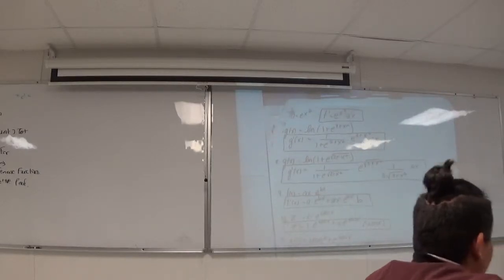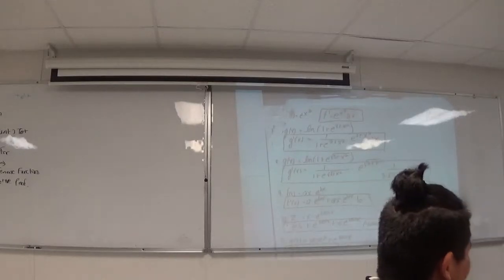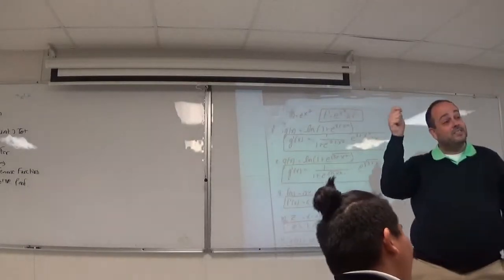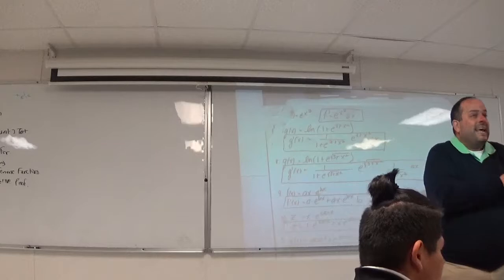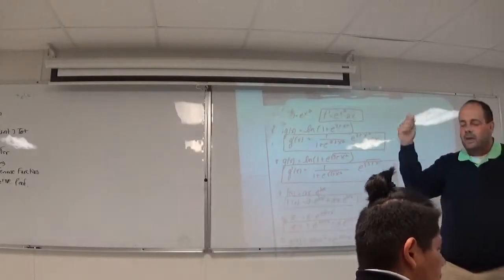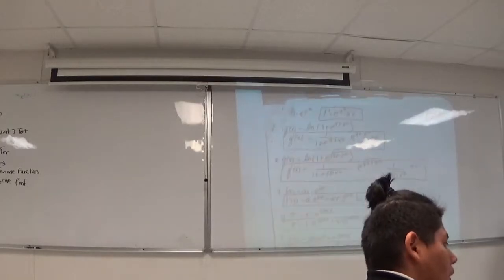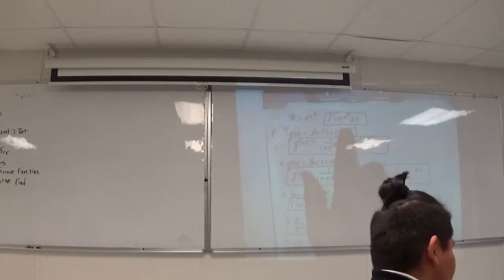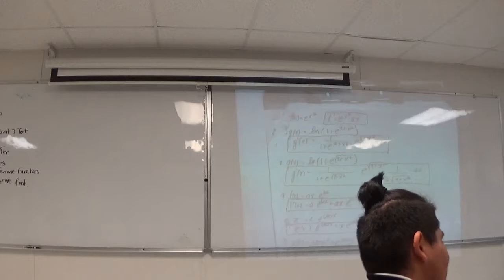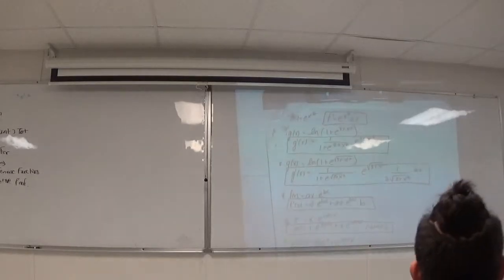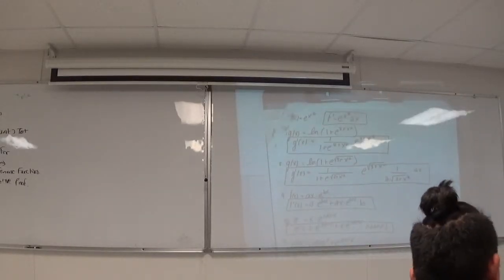You are marking the ones that you got right, and if you get something wrong, it's okay that you've made a mistake. Give yourself some feedback. Learn from this, please. Okay, so number 1, f prime equals e to the x squared times 2x. And if anybody got that wrong, I will personally humiliate you since we did this one in class.